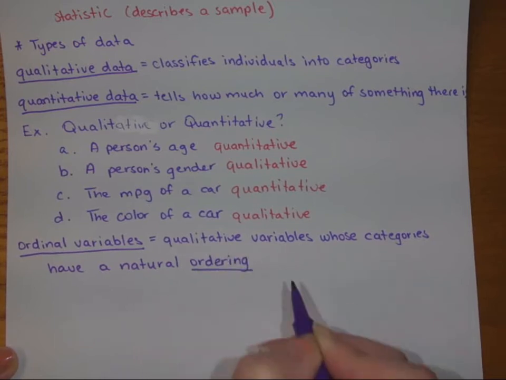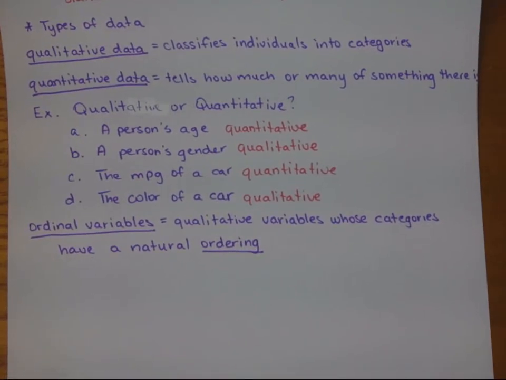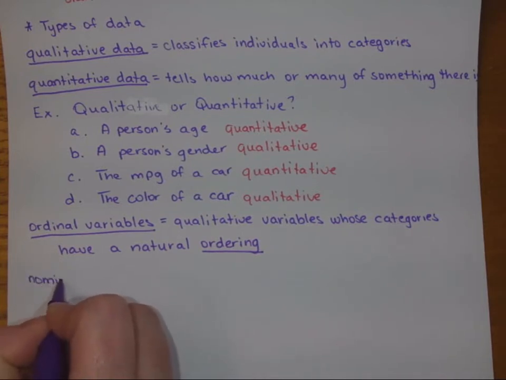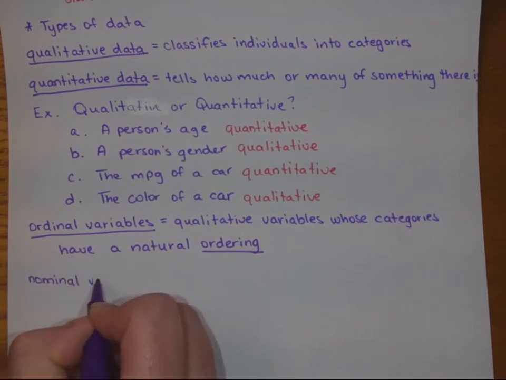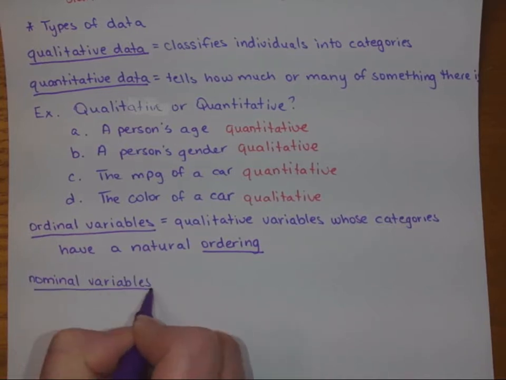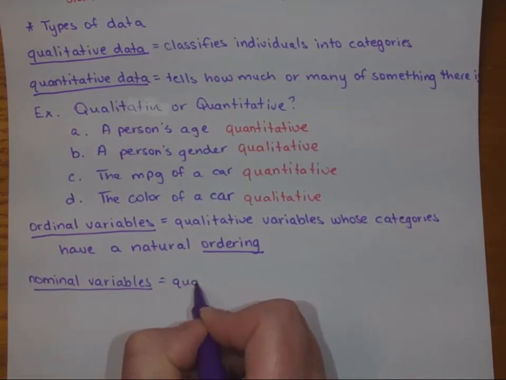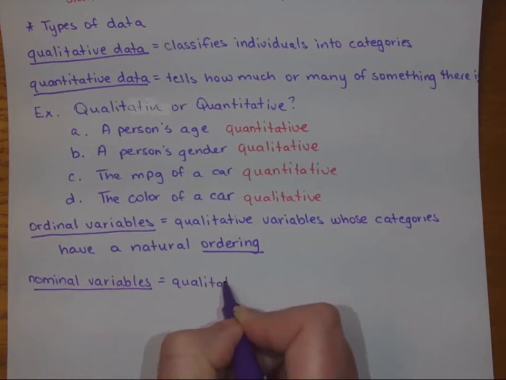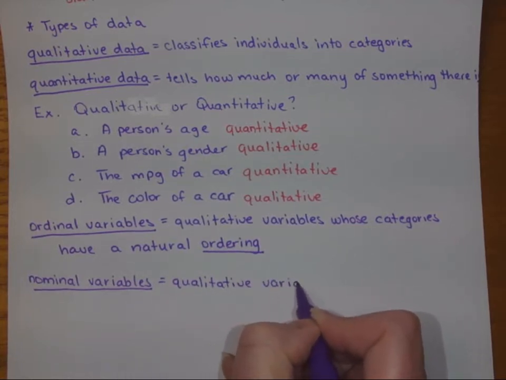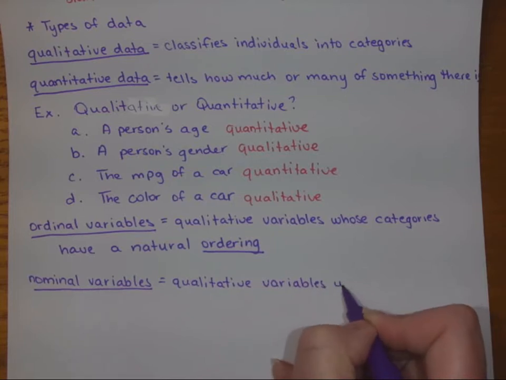So notice the base word for ordinal is ordering. We'll do an example of that in a minute. The other option is that the information could be nominal. So these are still qualitative variables, but the data doesn't have any sort of natural order.